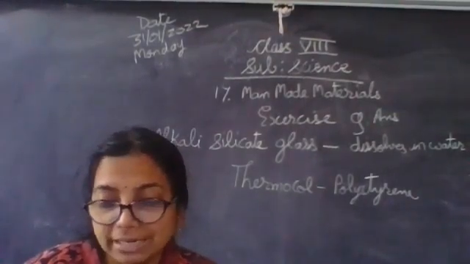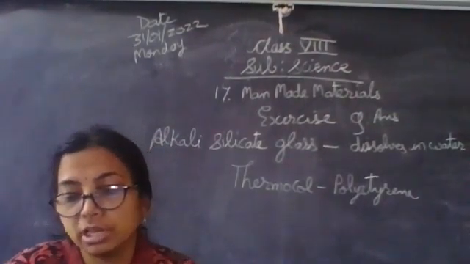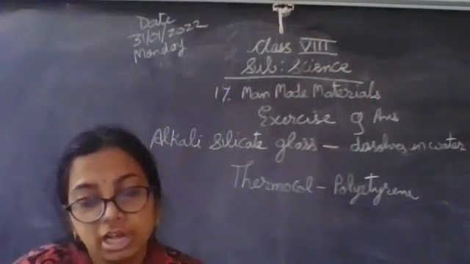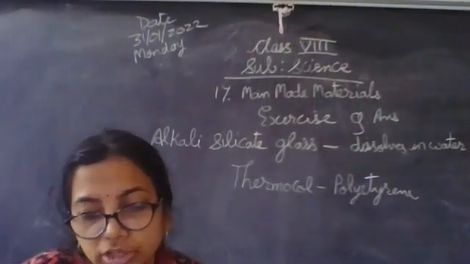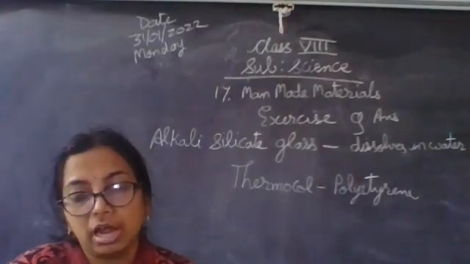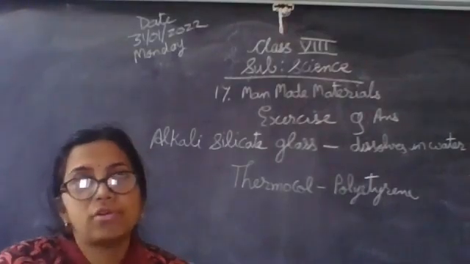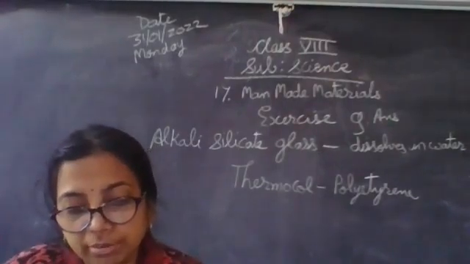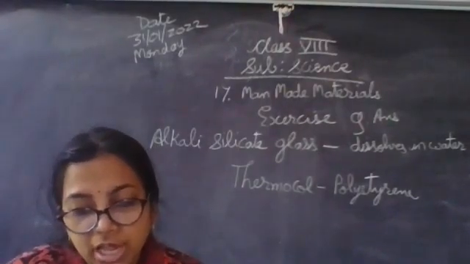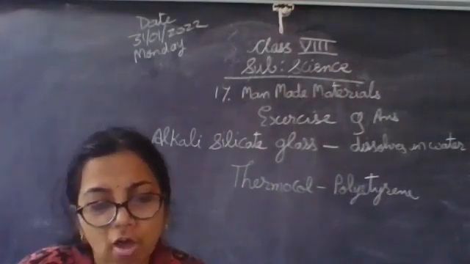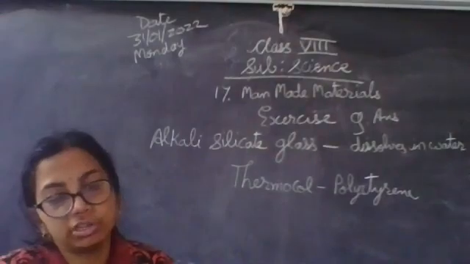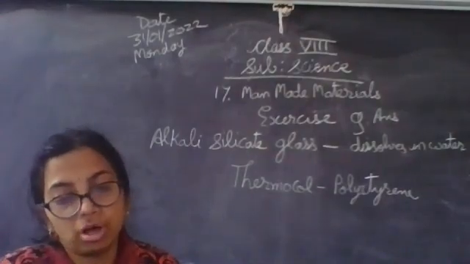But what are all the materials that we are utilizing to make glass? First thing that we need is sand, then soda and lime. So for making of glass, basically we need three things and a very small quantity of magnesium oxide is also needed.